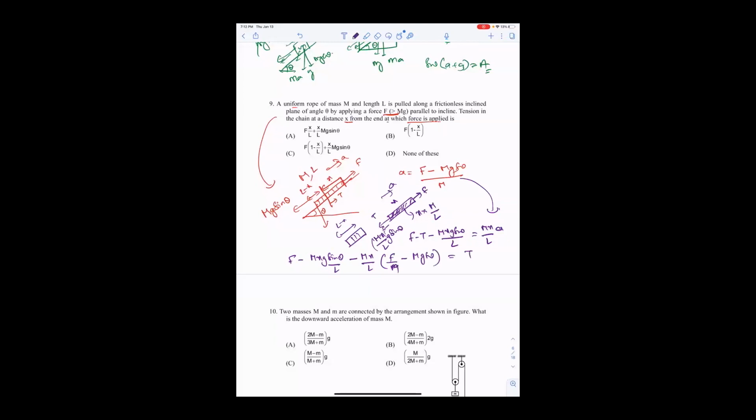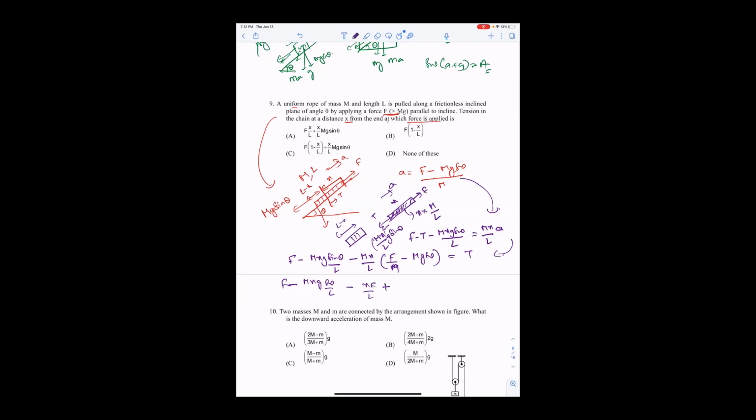T goes to the right side, this comes to the left side. Is that clear, guys? So expand this, F minus mxg sine theta by L, minus gets cancelled, xF by L, minus into minus plus.